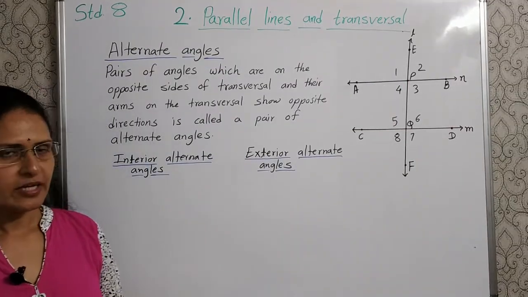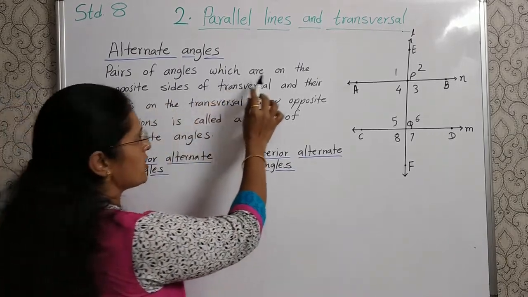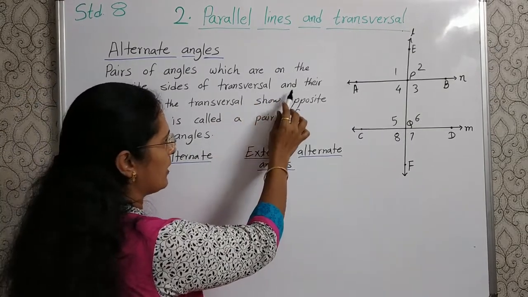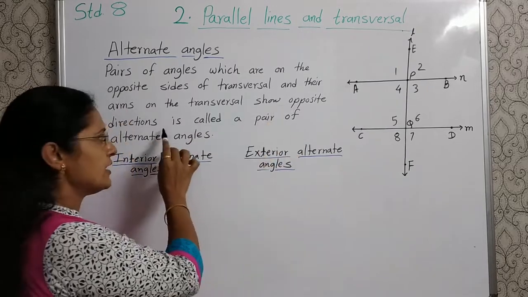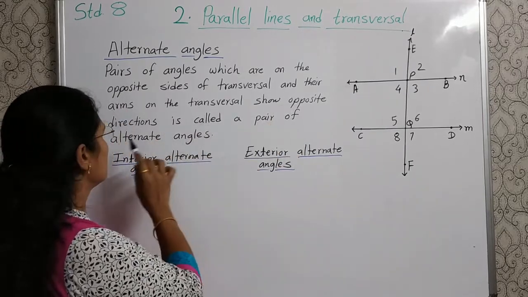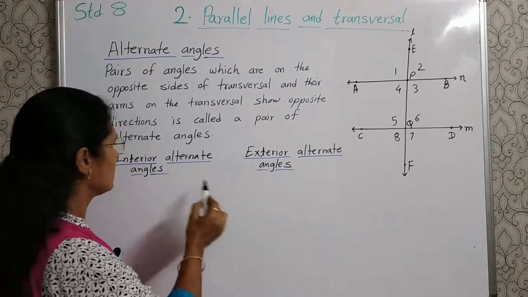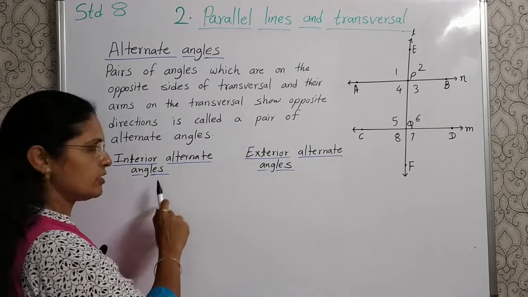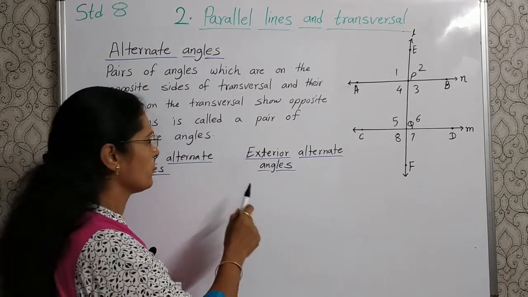Next, alternate angles. Pairs of angles which are on the opposite sides of the transversal and whose arms on the transversal show opposite directions are called a pair of alternate angles. In that there are two types: interior alternate angles and exterior alternate angles.